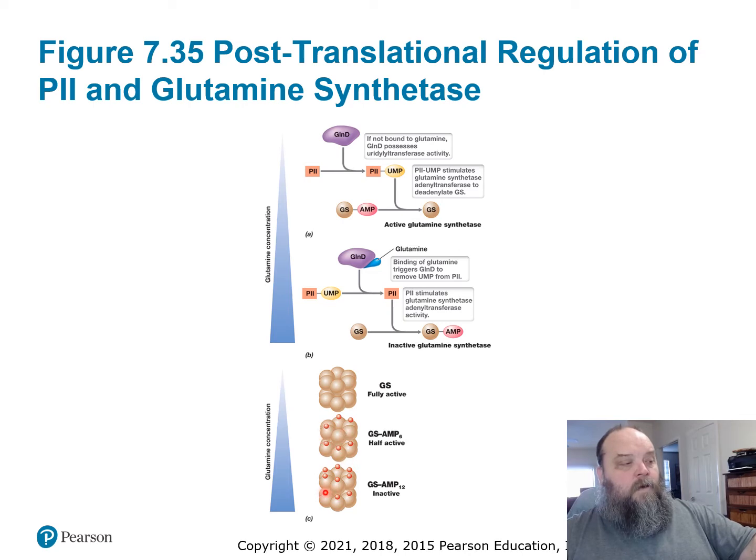As more and more get added, the activity of this complex will decrease. It goes from fully active, to partially active, to completely inactive, depending upon how many of the polypeptides in that complex have been adenylylated.